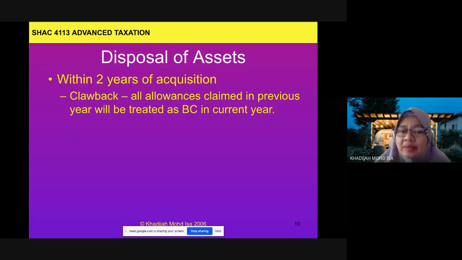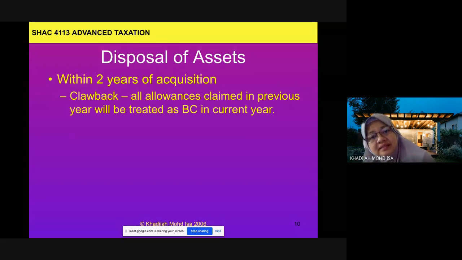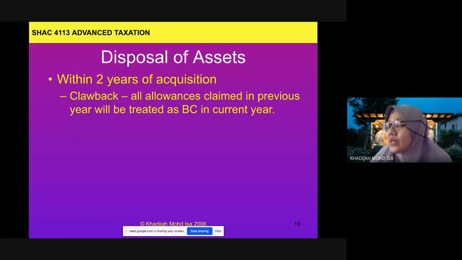So remember that when you purchase a capital asset, you're going to claim in the first year IA and AA. Yeah, so you claim IA and AA in the first year. When it comes to the second year, you dispose the asset without commercial justification.